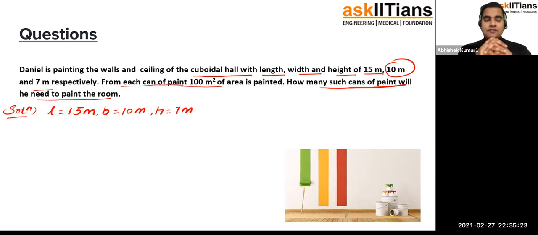Daniel is painting the walls and ceiling. So you are painting 4 walls and the ceiling, so you have to find out the area of these 4 walls and the ceiling. Then whatever value you get for the area of walls and ceiling, you divide it by 100 meters square, and you will easily get the value.